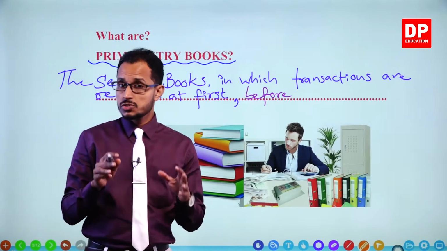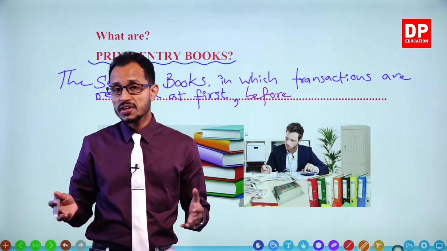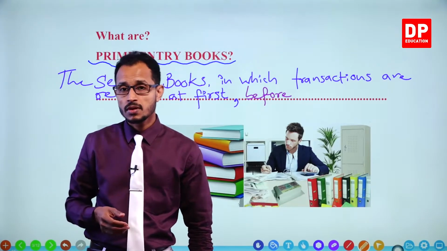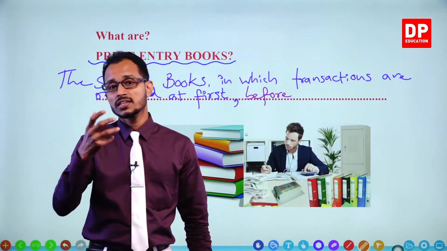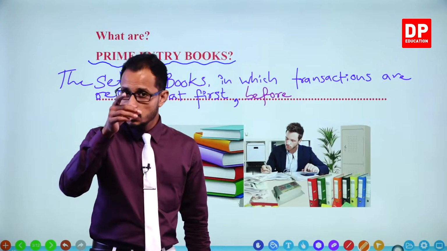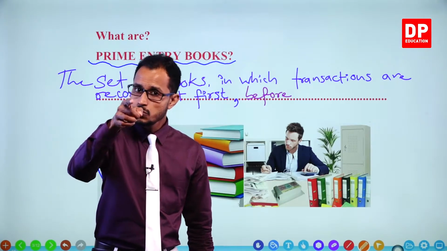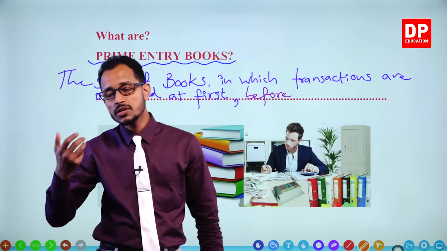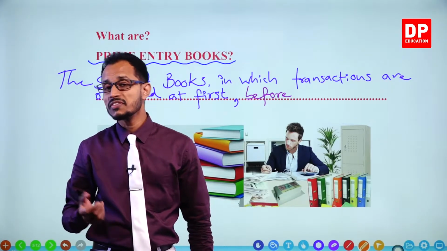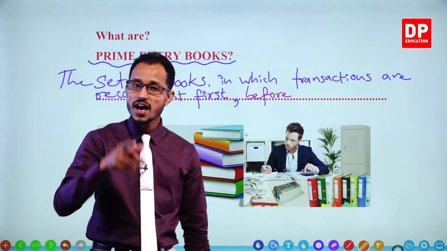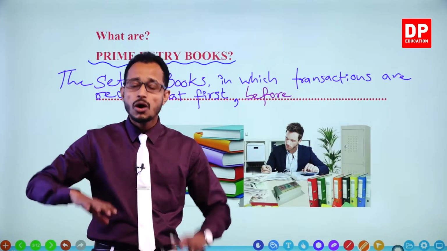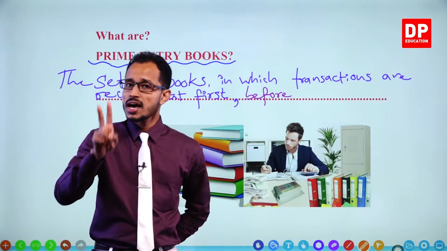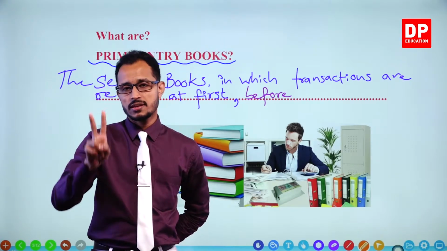Well, students who watched the previous sessions, you, my dear children, must remember that I myself, when doing the previous unit, chapter 5 and chapter 6, told you that every transaction that occurs in a business must be recorded in ledger accounts as a double entry.